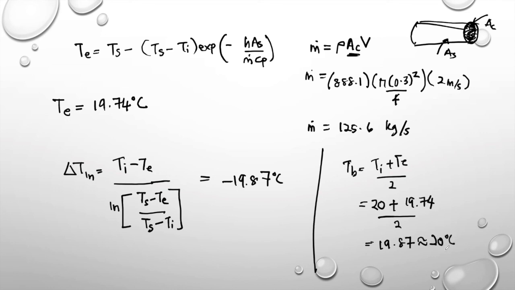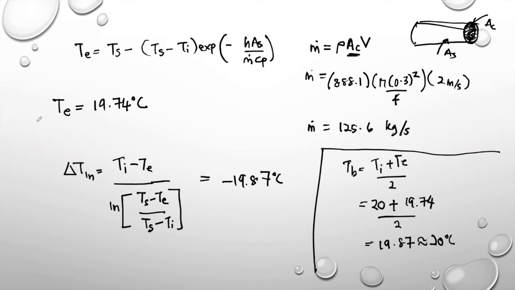Then I do not need to assume again and redo the calculation and iterate, because the calculated value is equal to the assumed value. So my assumed value is okay. The T bar temperature is 20 degrees Celsius and I get 19.87, around 20 degrees Celsius.